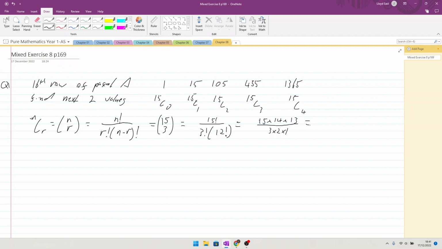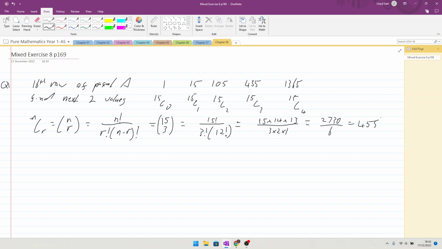So if we quickly do that on the calculator, 15 times 14 times 13 over 6 is 455. And you can do a very similar thing for the 15C4.